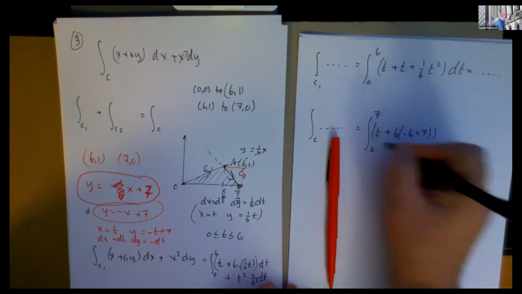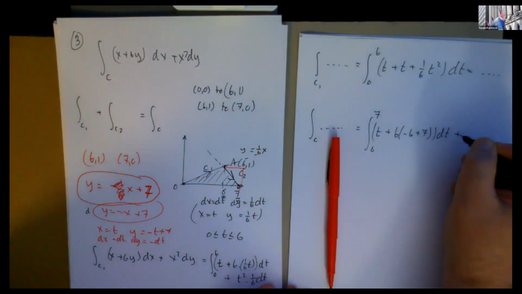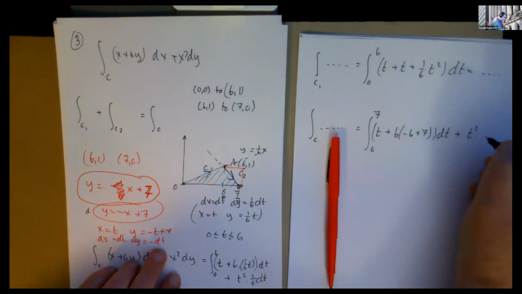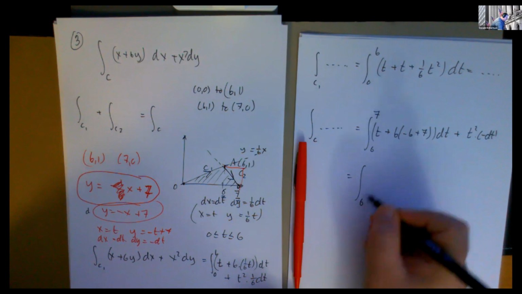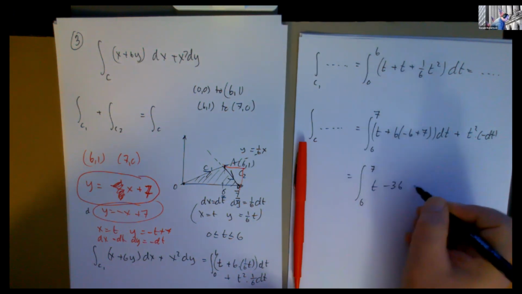And then instead of a dx, I'm just going to have a dt. And then the second fella is x squared, which is t squared, times a dy, which is basically just negative dt. So I'm going to have the integral from 6 to 7 of t take away 36.